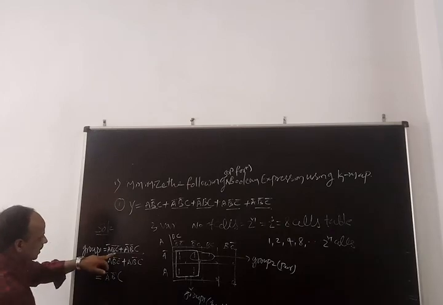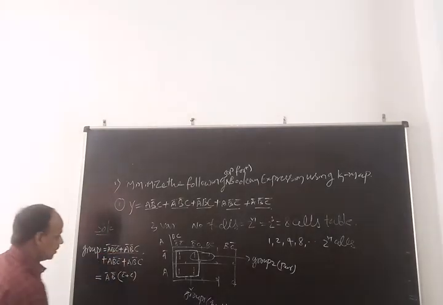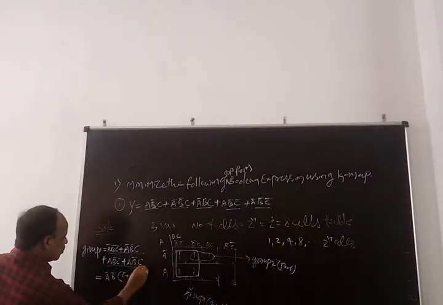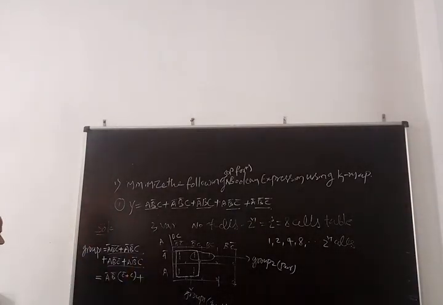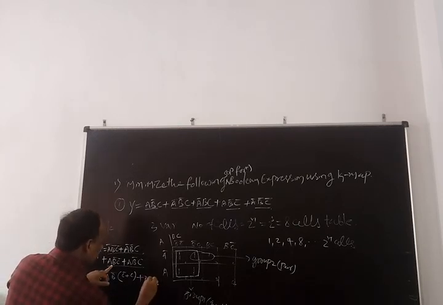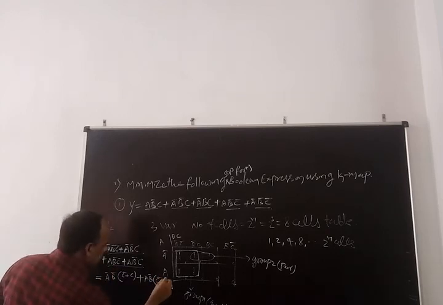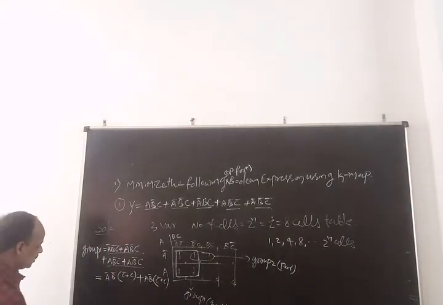What is the remaining thing here? C bar plus C, right? Plus in these two terms, what is the common factor? A, B bar. Here C bar plus C left, right?